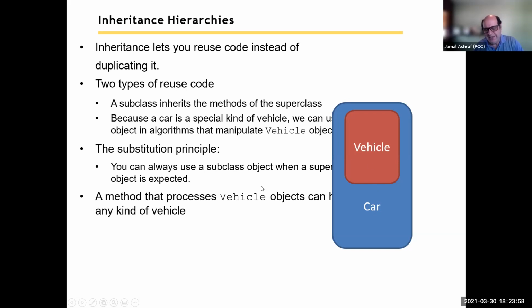So if I need a place that's going to need the superclass, I can pass my subclass in there. Remember, my subclass has everything that the superclass has, but the superclass has no idea what the subclass is. The subclass contains and knows everything about the superclass. The superclass doesn't have any idea about the subclasses. For that reason, I can use my subclass when the superclass is expected, and we're going to spend more time on it.